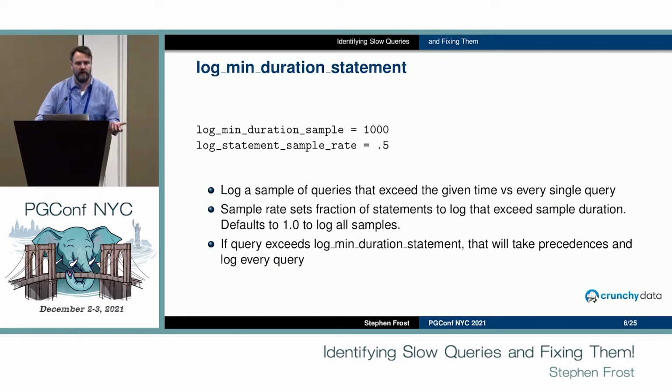So on a really high throughput system, you probably don't want to set log_min_duration_statement down at 0. You might set it to 100 milliseconds, maybe, or you might choose something lower but then have a sample rate instead, and use log_min_duration_sample.